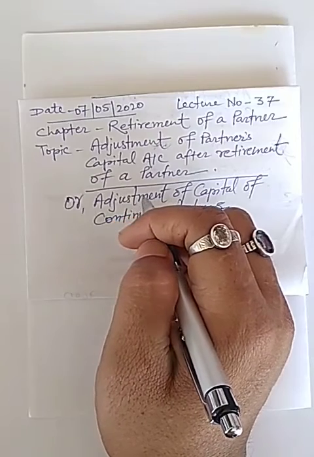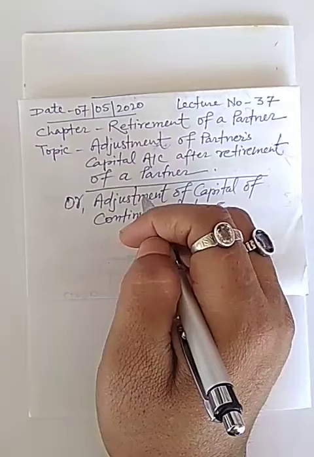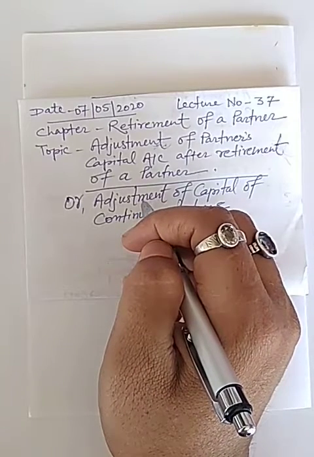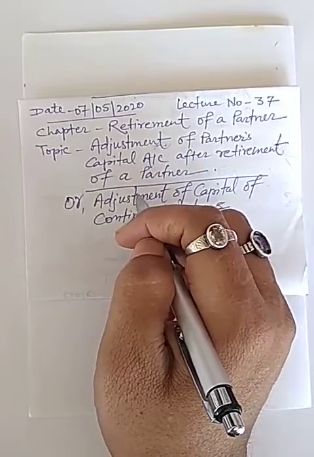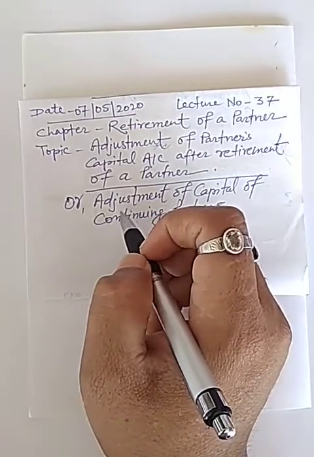In such circumstances, the capital of the firm is ascertained and it is divided among partners in their profit sharing ratio.